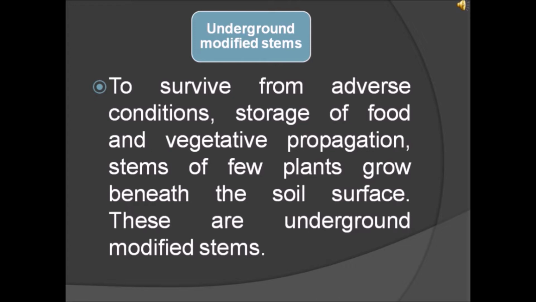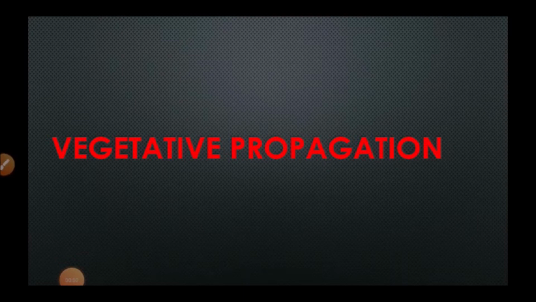But we have to learn what vegetative propagation is. Today in this video, I'm going to discuss the natural methods of vegetative propagation. Children, before beginning, let us revise what we studied in the previous lecture.